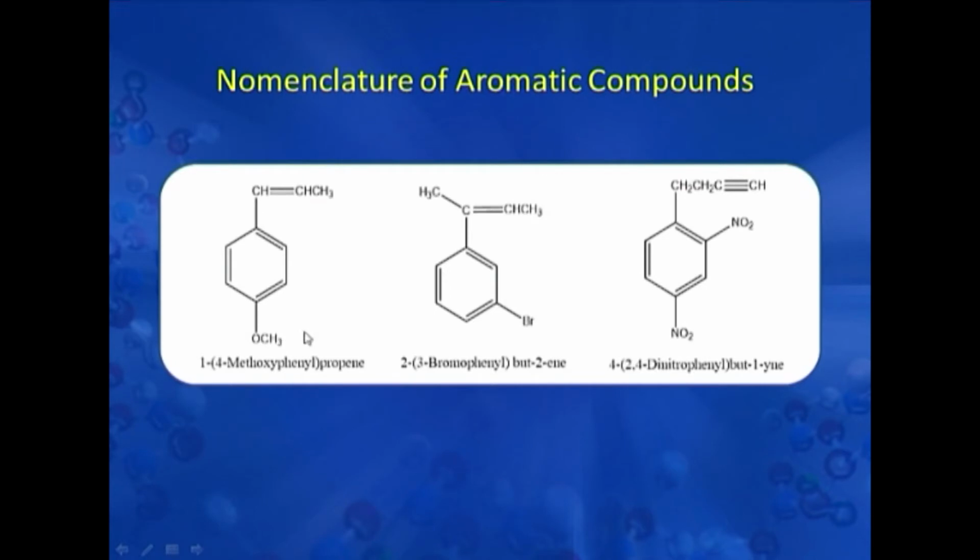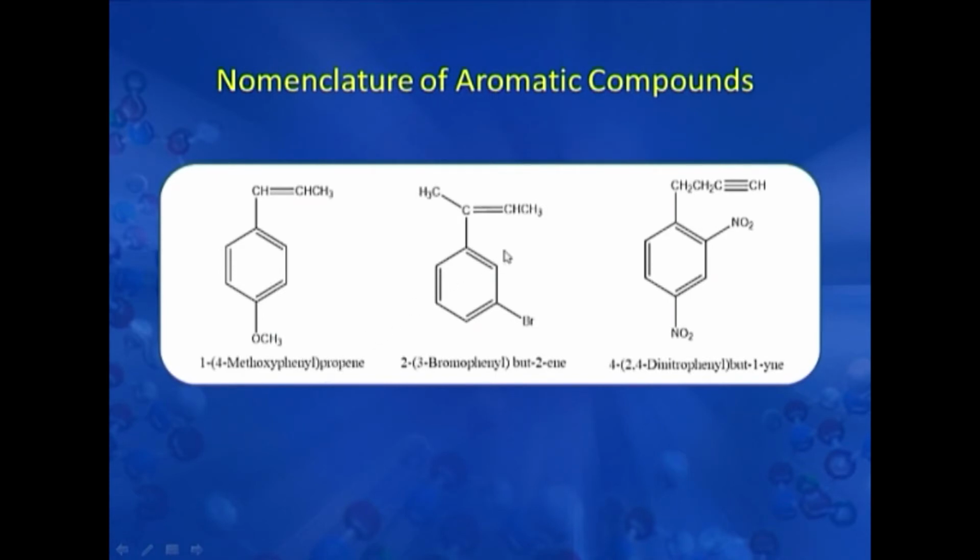Now the name of this compound will be 1 dash in bracket 4-methoxy, because this is a methoxy substituent and it is at the 4th position in the phenyl ring. So we will write in bracket 4-methoxyphenyl and then the long alkene chain, propene. So the name of this compound will be 1-(4-methoxyphenyl)propene.